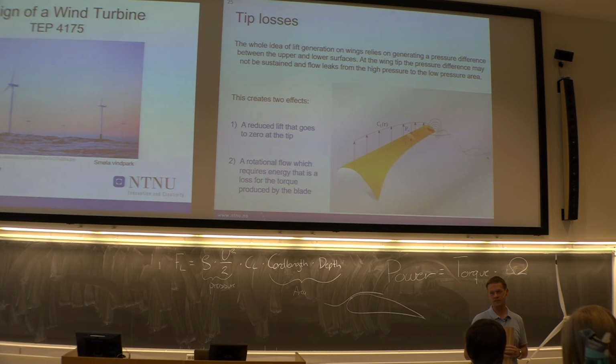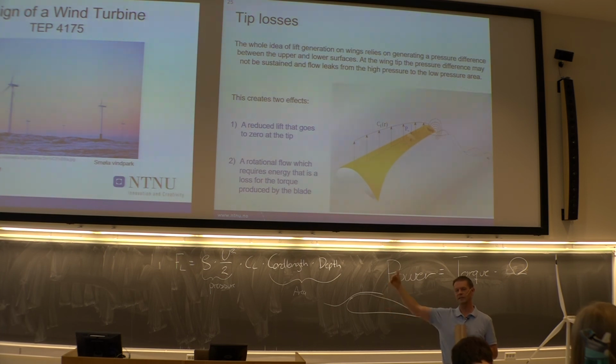All airfoils have this kind of tip loss. That's why you see the new wings on airplanes have these winglets. You find them on wind turbines as well these days.